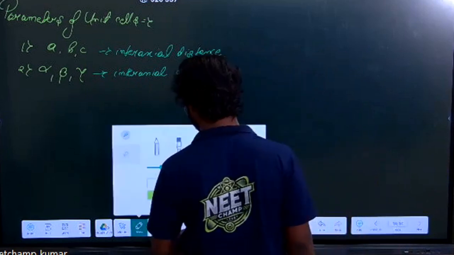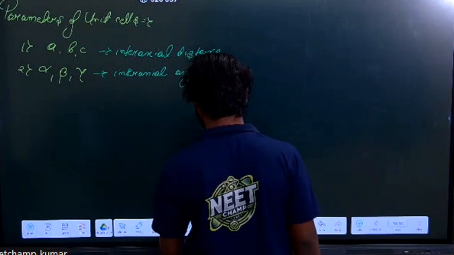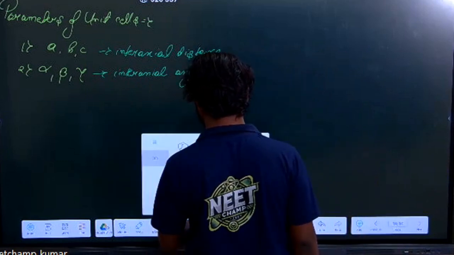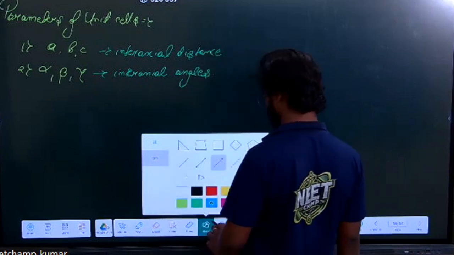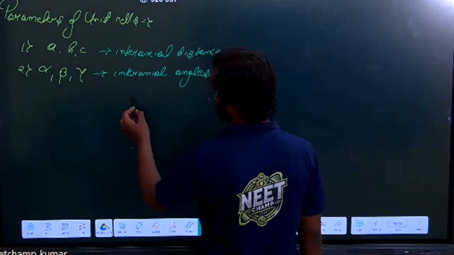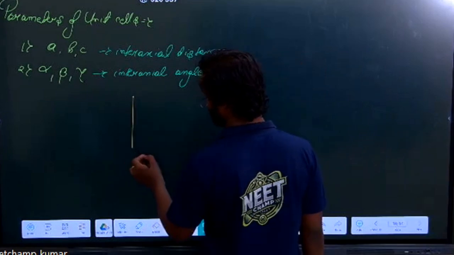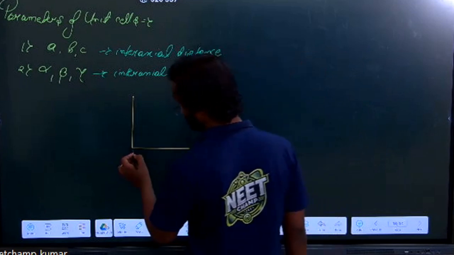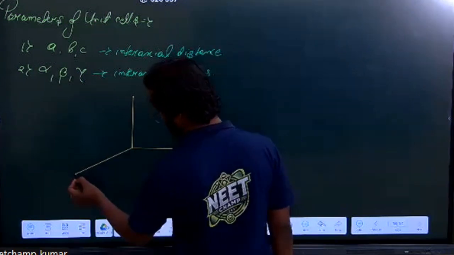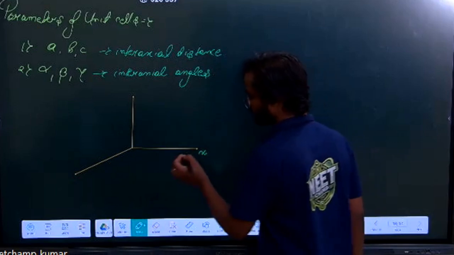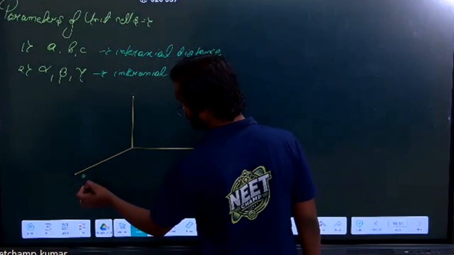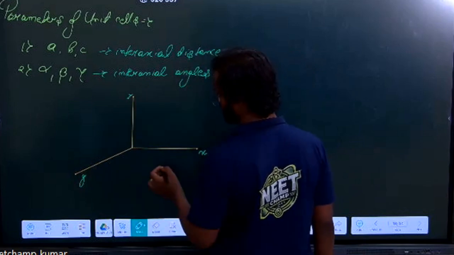How they are important, let us try to understand. Suppose this is my x-axis, this is my y-axis, and this is my z-axis.